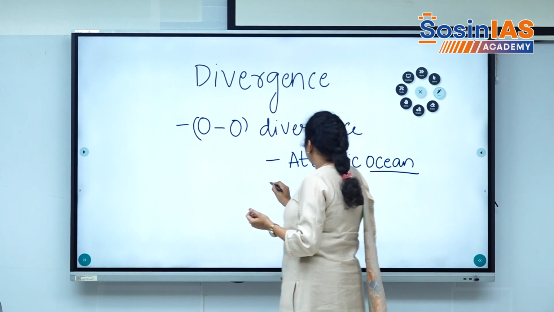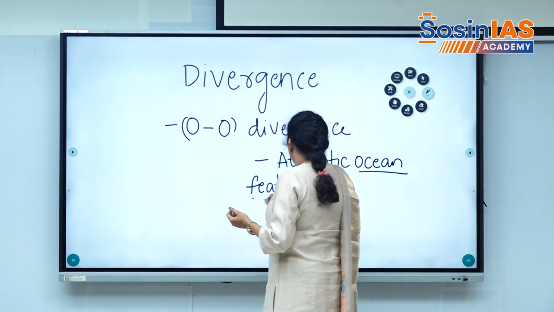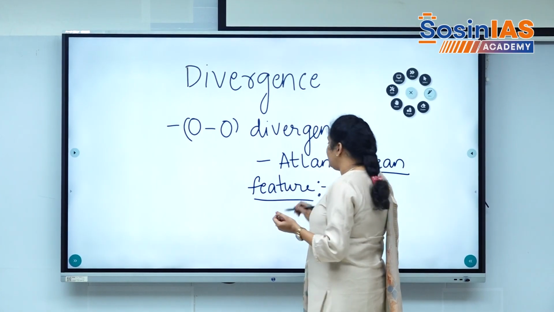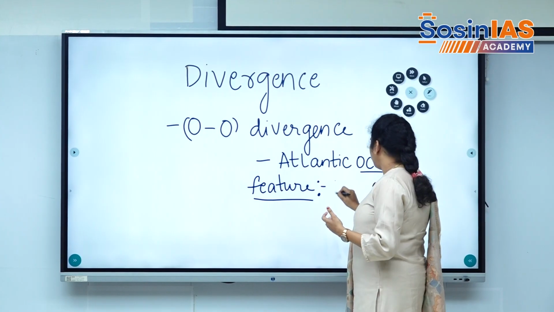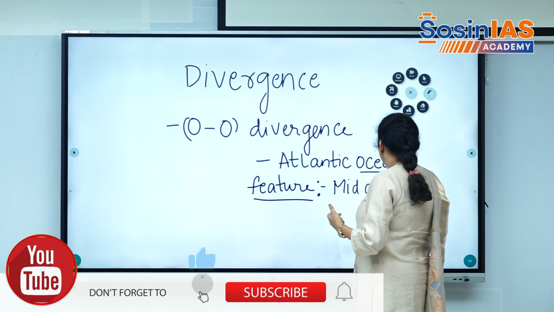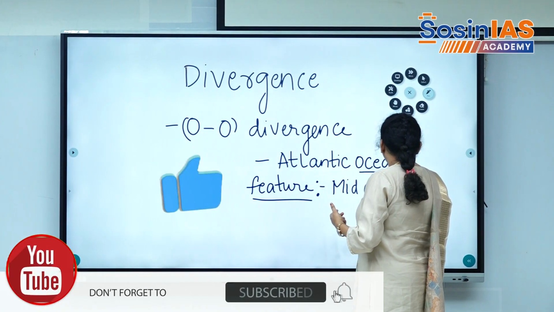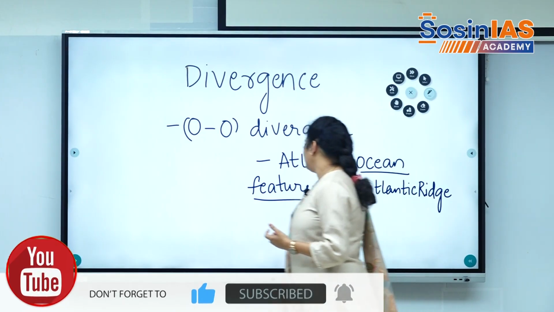And what is the feature associated? See, whenever you are giving an example in your answer along with the feature associated, that adds some marks to you. Here the feature associated is the Mid-Atlantic ridge, which is formed due to divergence.